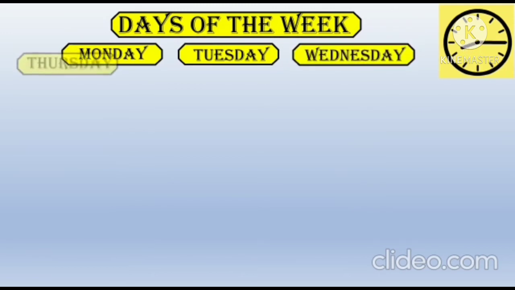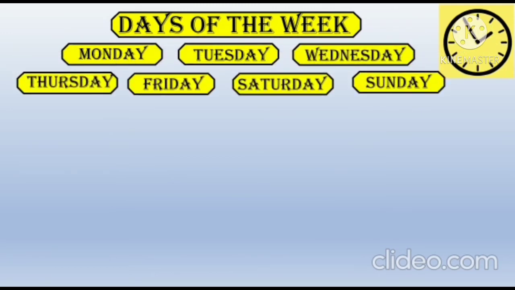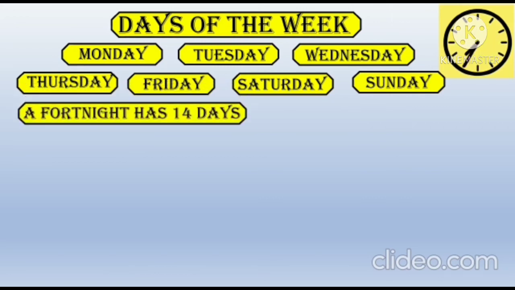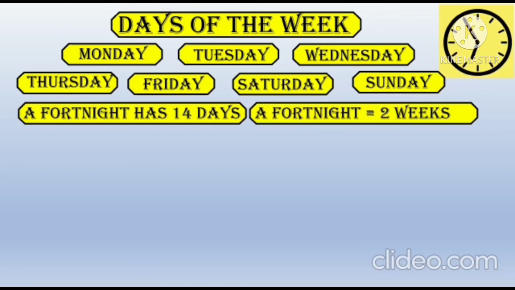Let's recall days of the week. Monday, Tuesday, Wednesday, Thursday, Friday, Saturday, and Sunday. Children, 1 week has 7 days and a fortnight has 14 days. 14 days means 7 plus 7. So we can say that a fortnight is equal to 2 weeks.